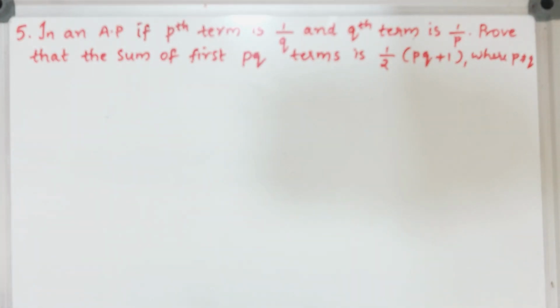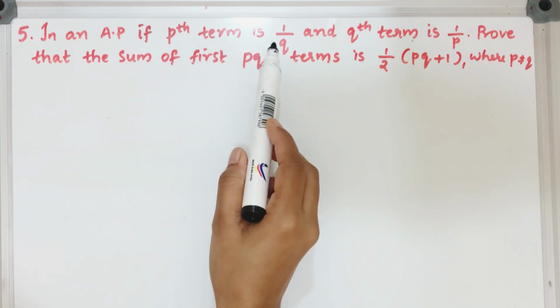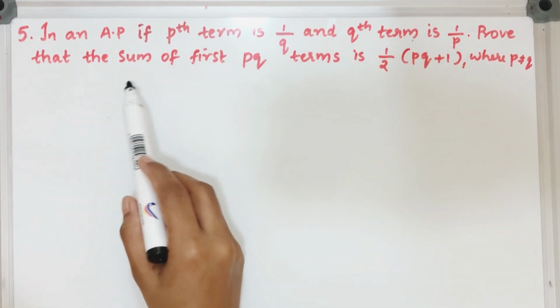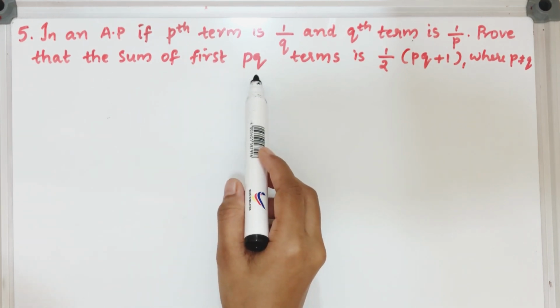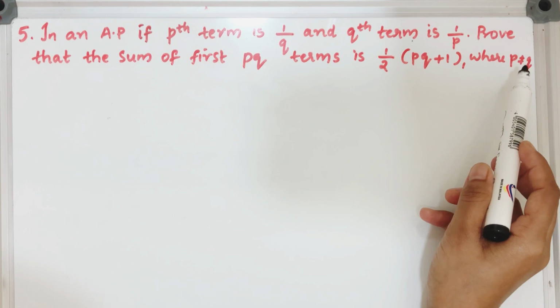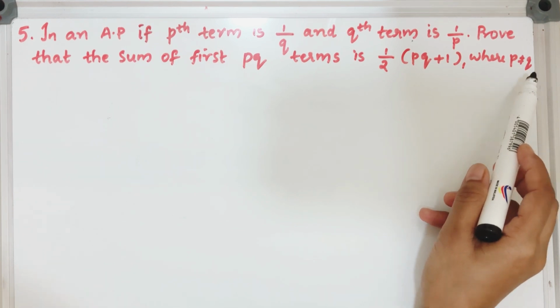Fifth question. In an AP, if the pth term is 1 by q and the qth term is 1 by p, prove that the sum of the first p into q terms is 1 by 2 into pq plus 1, where p not equal to q.